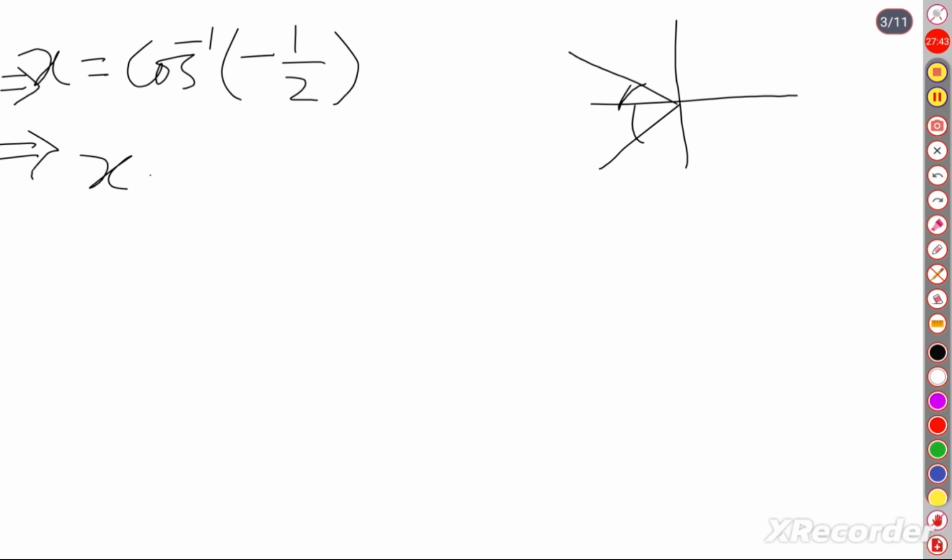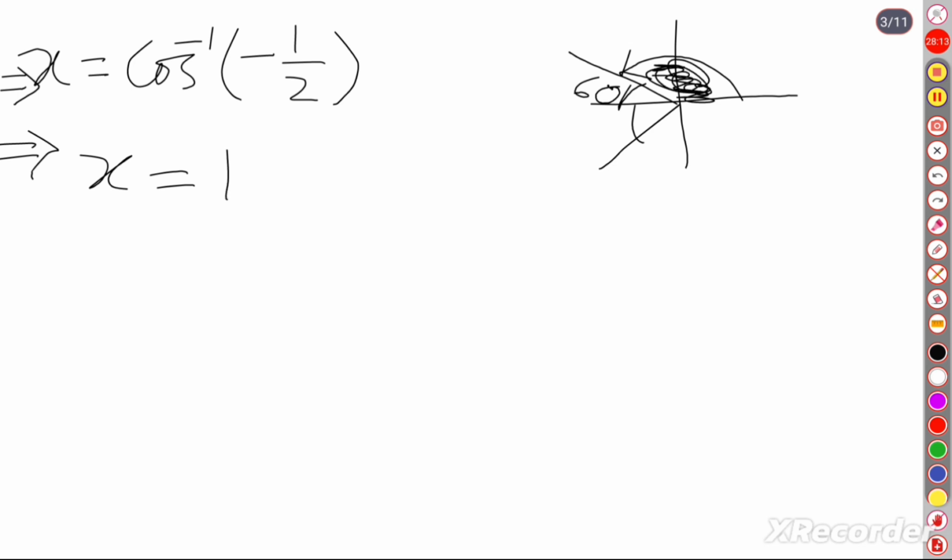Our basic angle, cos inverse of half, is equal to cos 60 degrees. So it is actually 60 degrees. If it is 60 degrees, this is our angle. So how can we find this?